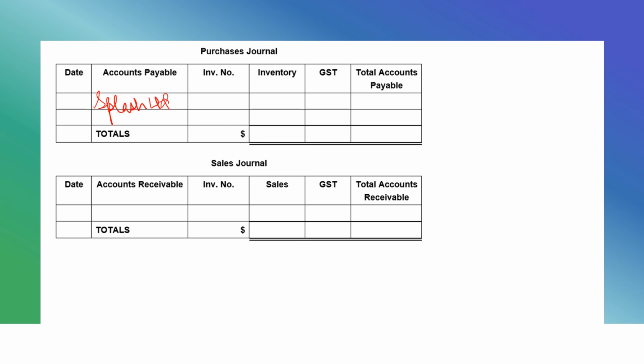In the reprint, this would be there, but in the actual question, when this print edition came out, it was missing. So August 25th, we've got invoice 901, inventory 450, GST 45, bill payable 495.